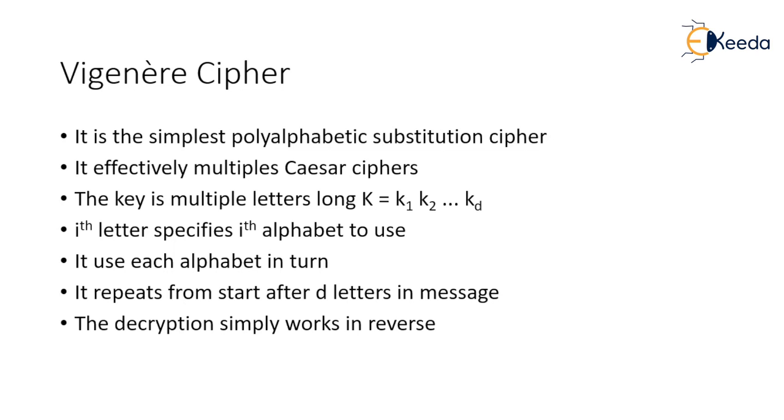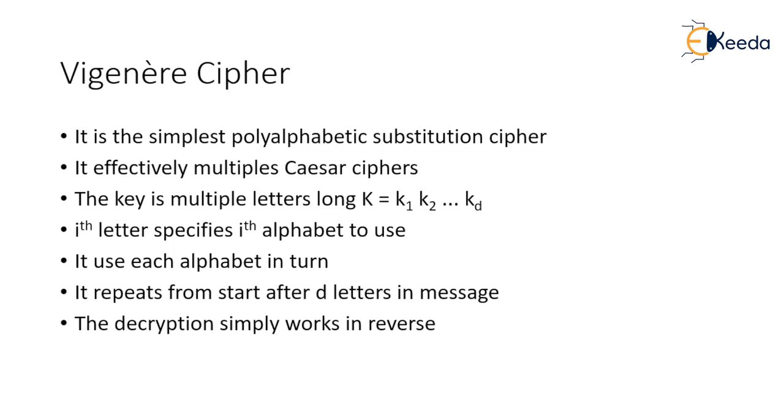If, suppose, an 8-letter word is given as a key, and the length of the message is 30 letters, we will have to repeat those 8 letters to make it 30 letters.